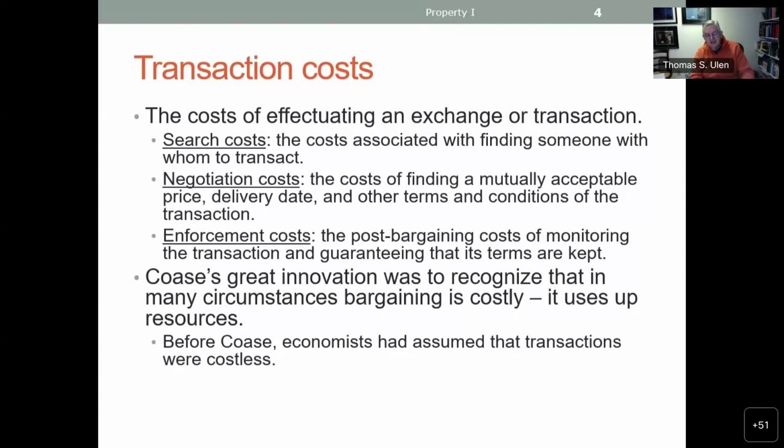Those costs, as I said yesterday, those search, negotiation, and enforcement costs can be very high or medium-sized or 0, trivial.